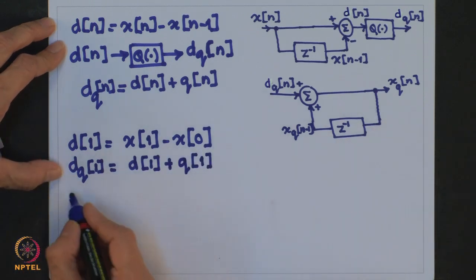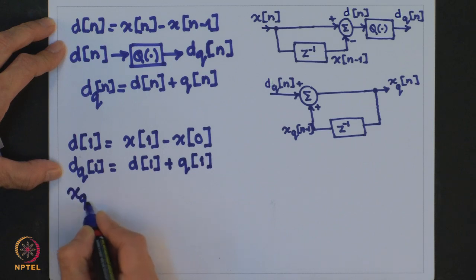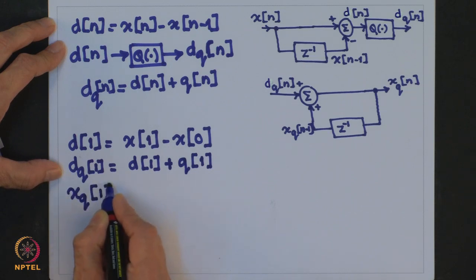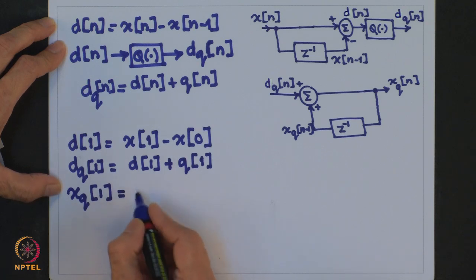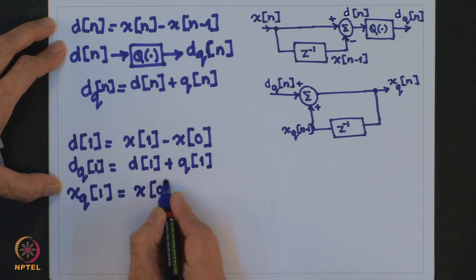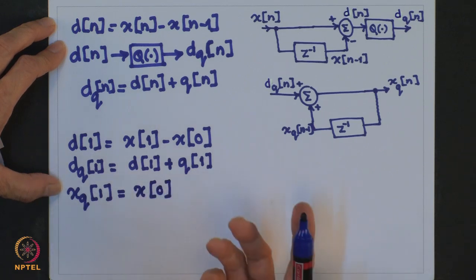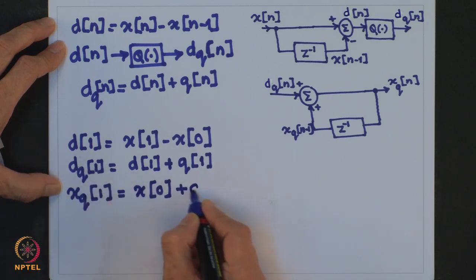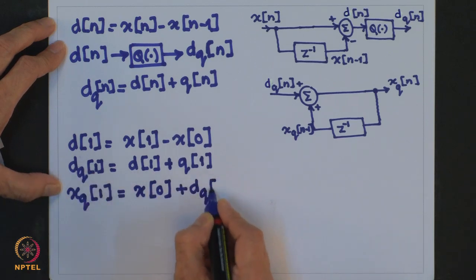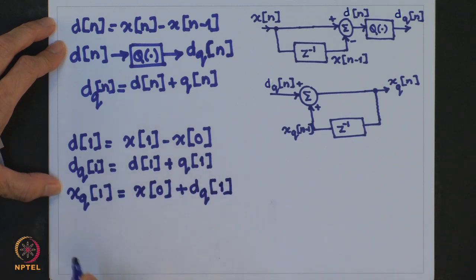Now, at the receiver I am going to reconstruct my x1, which I denote by xq. This would be equal to my previous reconstructed value, in this case x0, it could be 0, does not make a difference, plus the first difference sample.